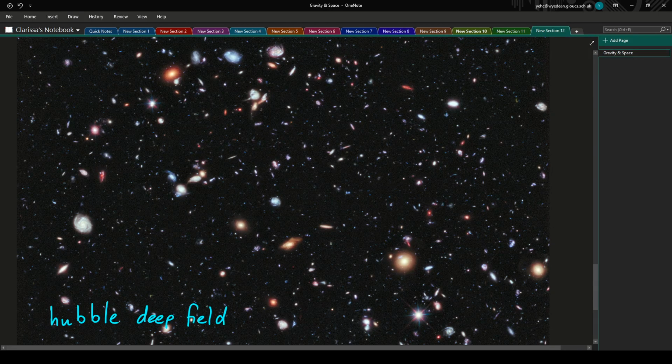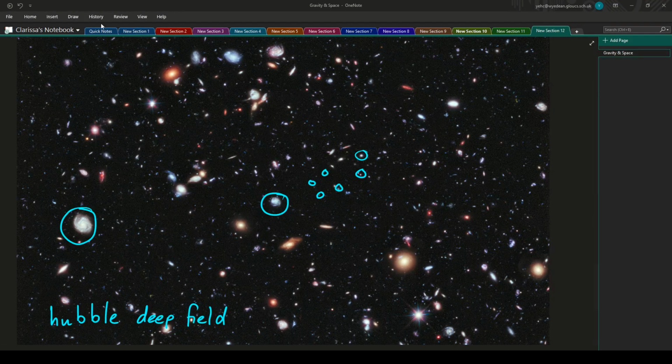So each little speck that you see, there's a galaxy, there's a galaxy, there's a galaxy. Every single dot is a galaxy. And each of those galaxies have their billions of stars. And a lot of those stars have their own planets.